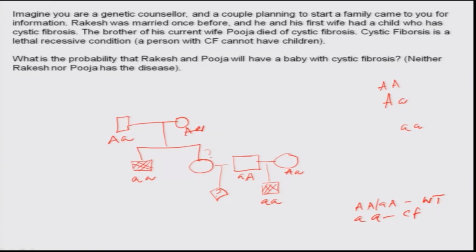Because now we have to talk about the probability of this particular kid having cystic fibrosis. So, what you normally do in genetics is put the Punnett square, because these are the parents. So, you say two types of gametes, and then you have these possibilities.